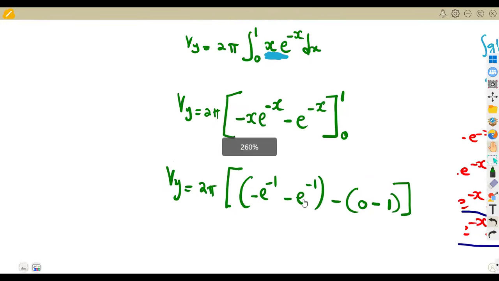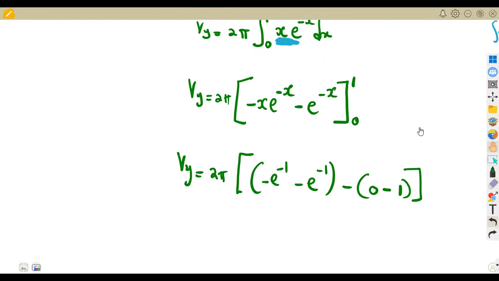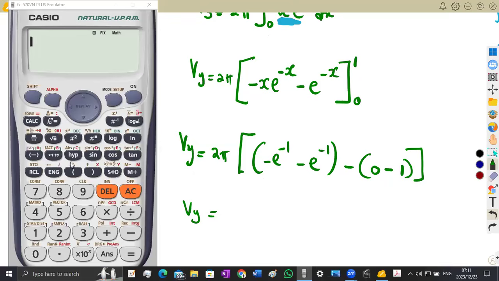So we are going to simplify this. We are done, right? So let us try to do this on our calculator. If you simplify properly, guys, this whole part is going to give us 0.264, something like that. But let us just do it together here.